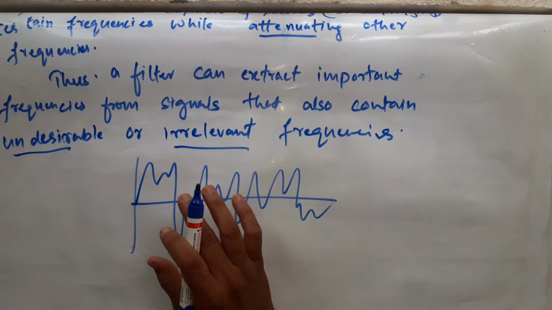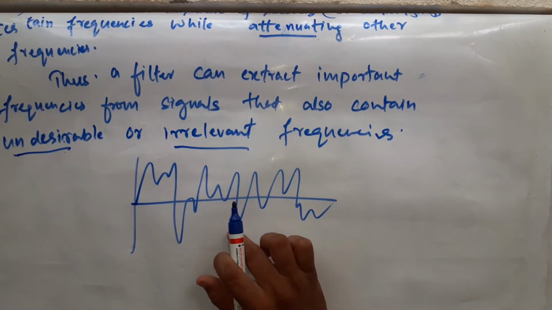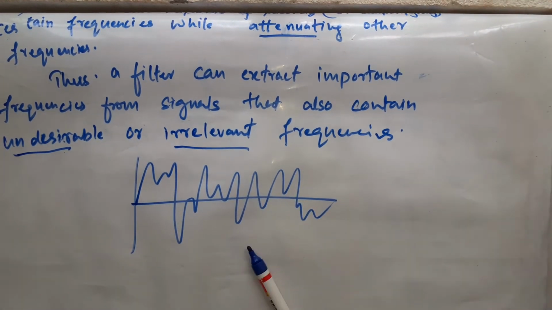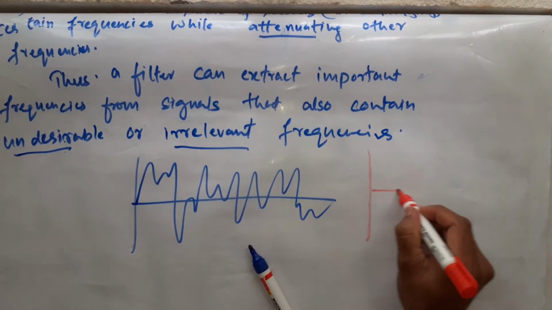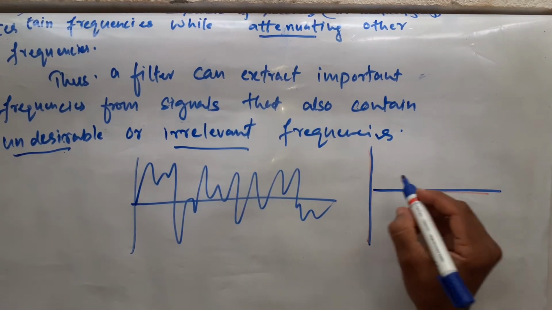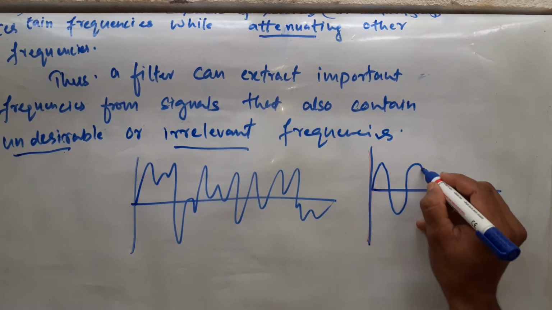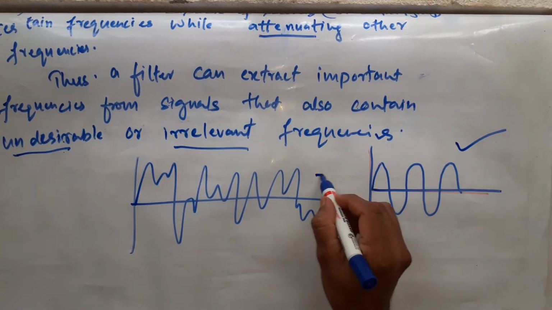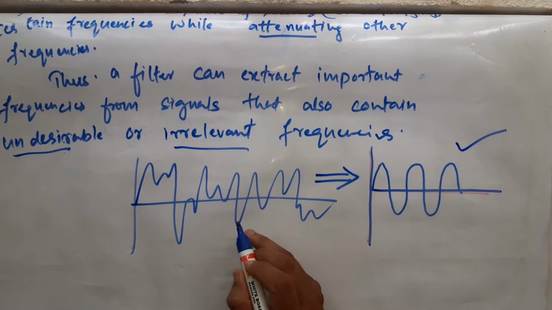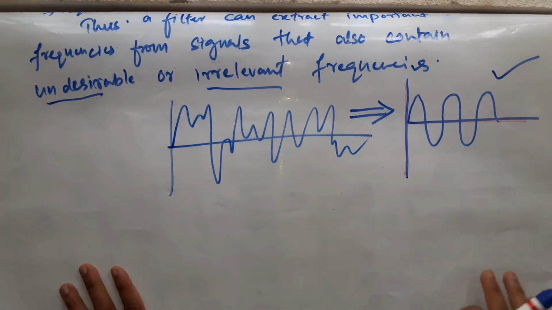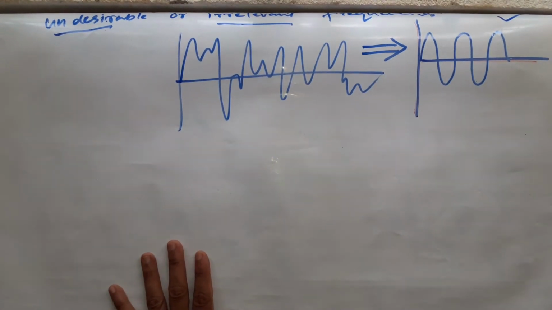That frequency part of the signal is to be attenuated, removed, filtered. After filtering you should get this, the desired pure signal, pure frequency. This is what you require. To filter this part and get this, we make use of filters. Well, I hope you understood what filters are.